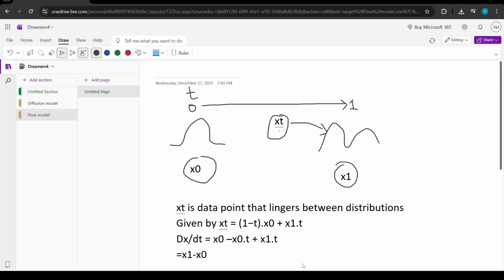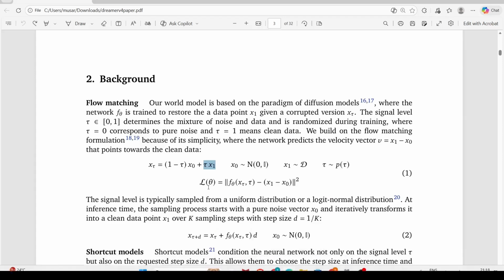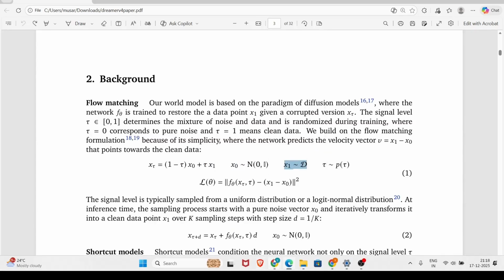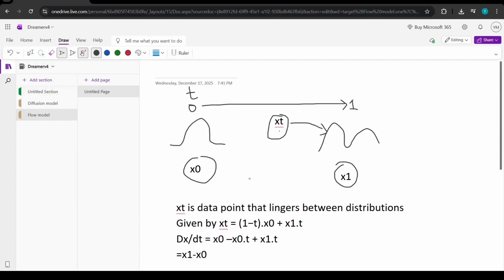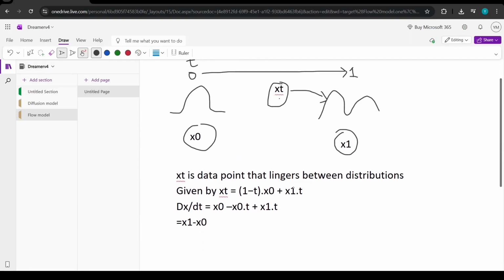At t equal to 1, it just becomes the whole image, and you can see that x0 is sampled from Gaussian and x1 is sampled from the image. So this is just t going from 0 to 1, and this is our xt, and we saw the example of how xt is calculated.